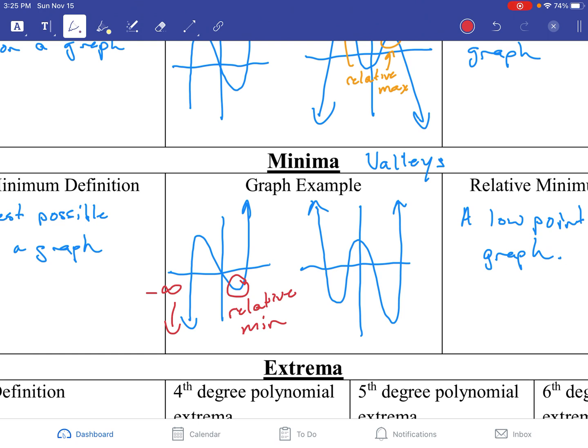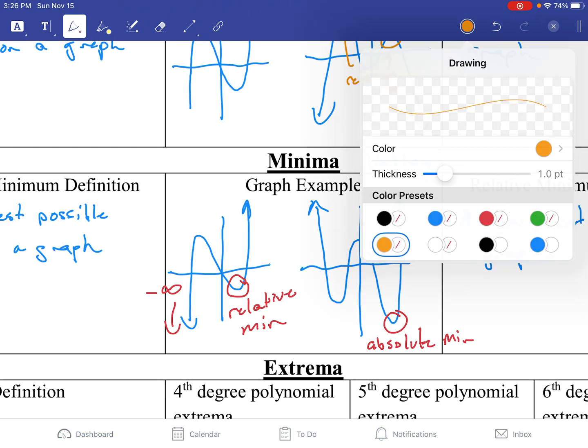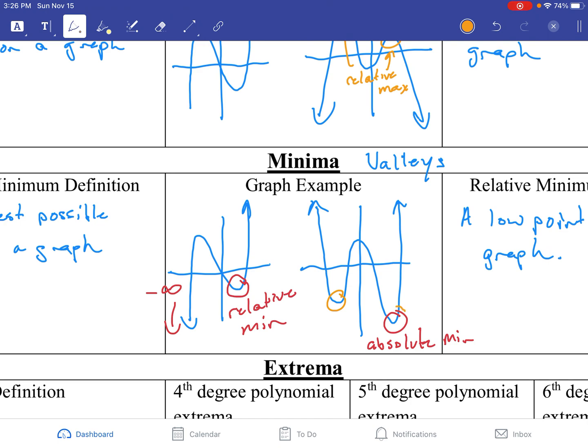All right, on the second graph, this is an absolute min, sorry. All right, there's no other point on this graph that's lower than that spot. Okay, and notice these are all the low spots. Okay, this graph also has two relative minimums, here and here.